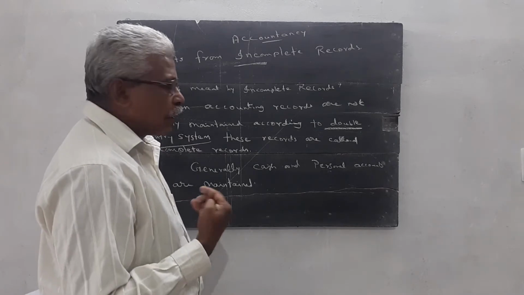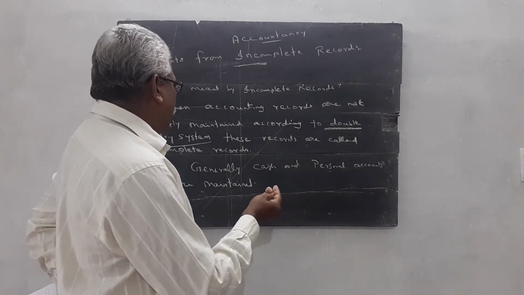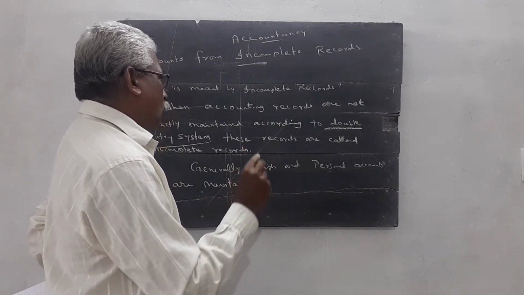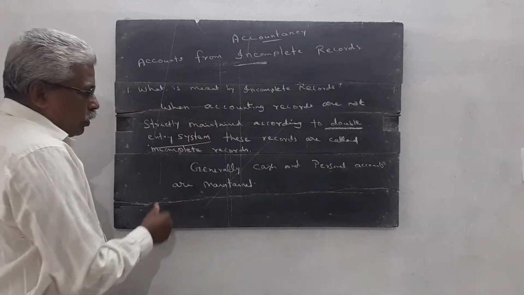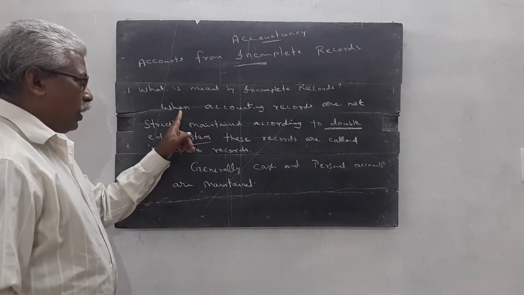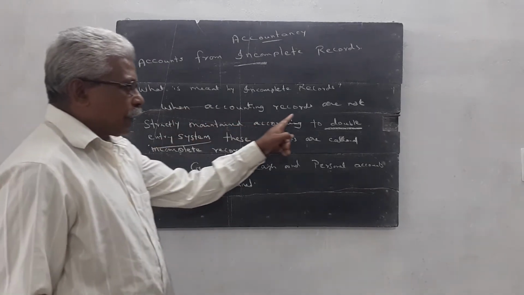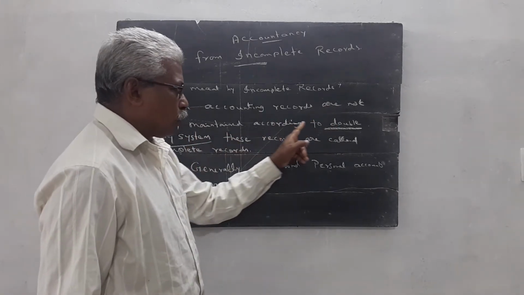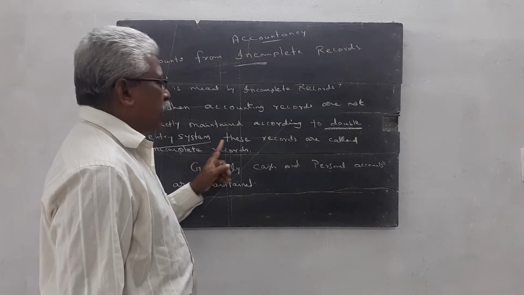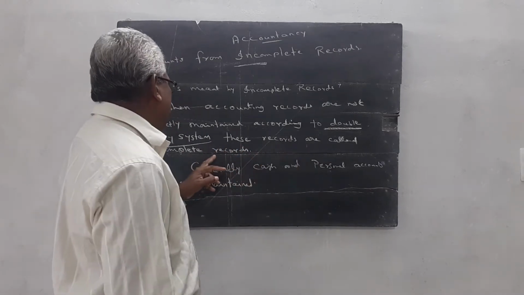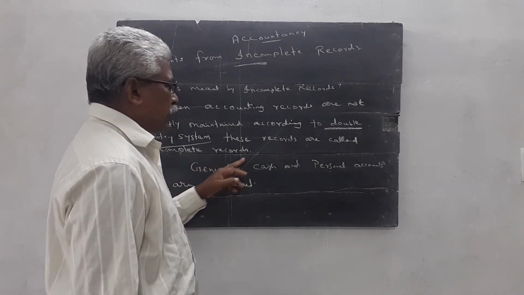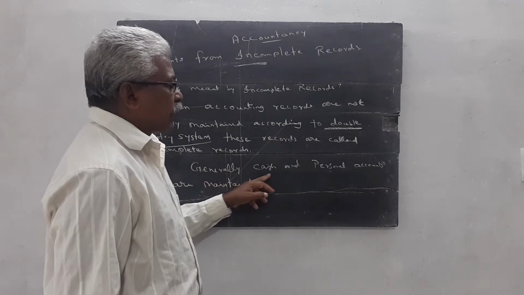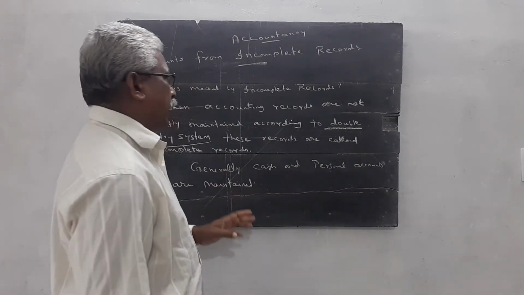Then, if there is any need, they prepare the other accounts also. So, for the 2-mark question, once again: when accounting records are not strictly maintained according to double entry system, these records are called incomplete records. Generally, cash and personal accounts are maintained.